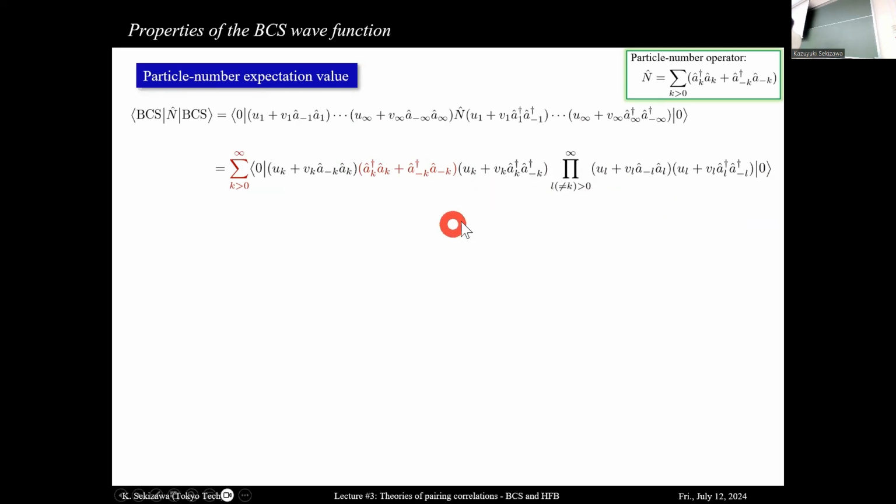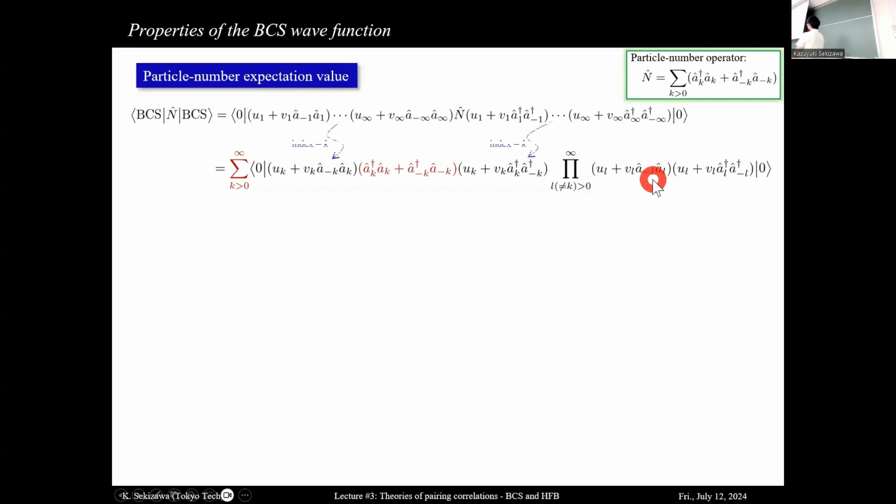We can reorder those terms without this factor k. Only the index k related to this number operator remains here, and the rest can be summarized here.